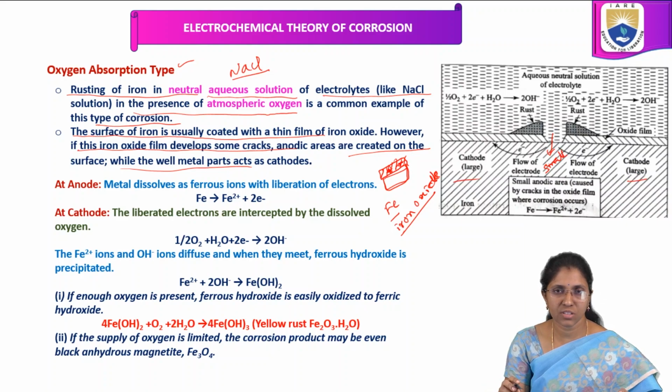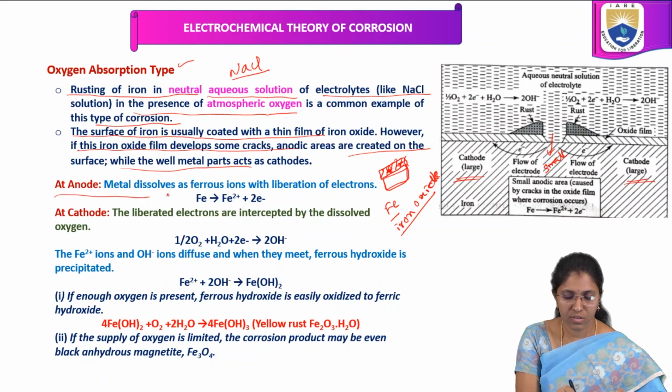In the case of hydrogen evolution, it is reverse: cathodic area is very small, anodic area is very large. In the case of oxygen absorption type, cathodic area is very large, anodic area is very small because of the cracks and pores of the oxide film.